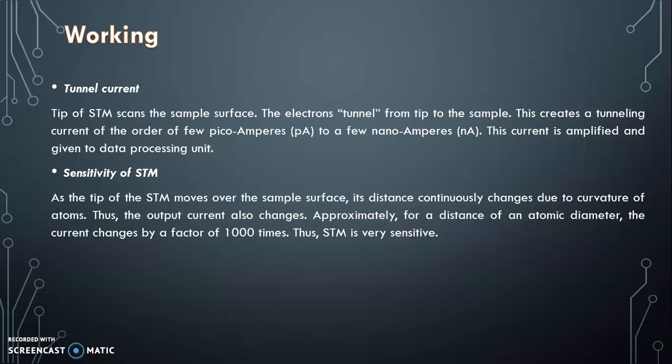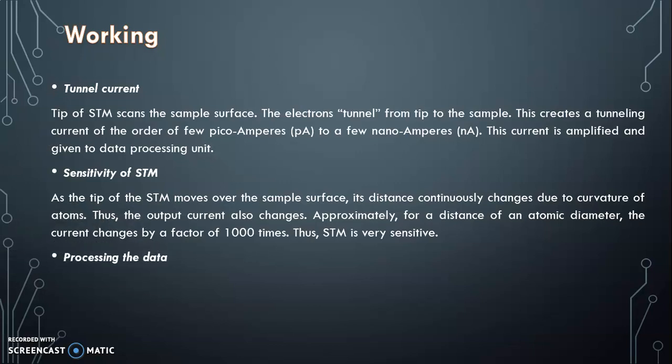Approximately, for a distance of an atomic diameter, the current changes by a factor of 1000. Thus, the STM is very sensitive. As we are saying, the STM is very sensitive because the current we are getting changes by a factor of 1000 times.